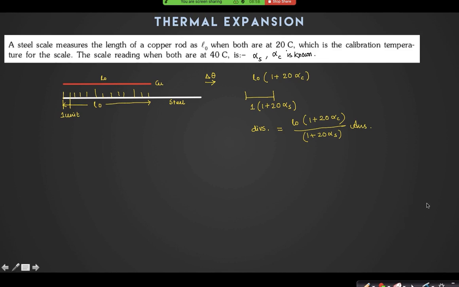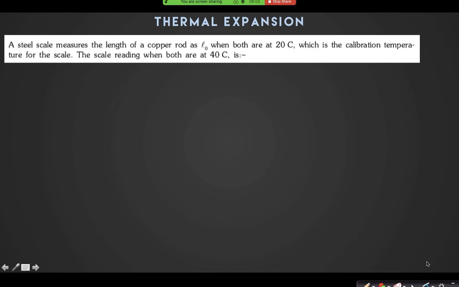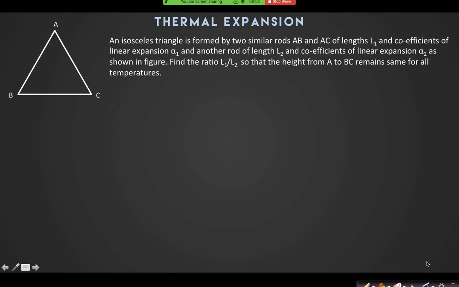So this is done. Now come to the next question. It says an isosceles triangle is formed by two similar rods AB and AC, each of length L1 and coefficient of linear expansion alpha 1. Have I given this as your homework? No, sir. Okay, you try it now. Another rod has length L2 and coefficient of linear expansion alpha 2.